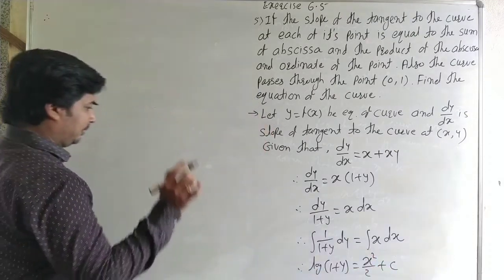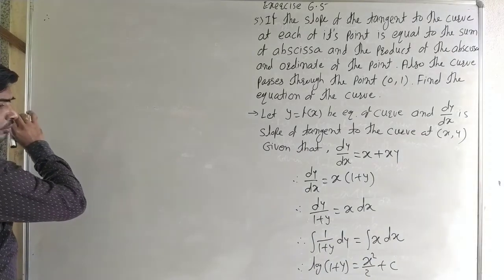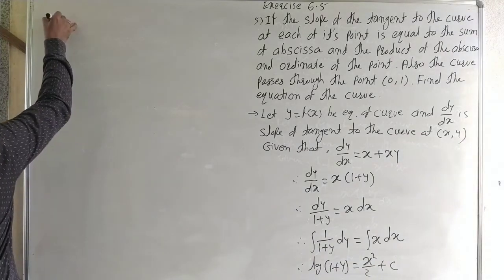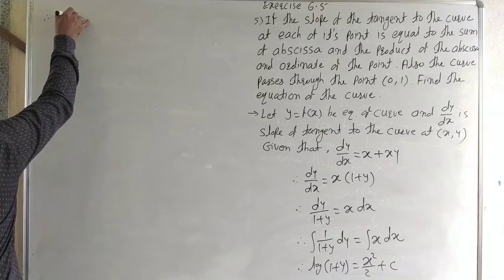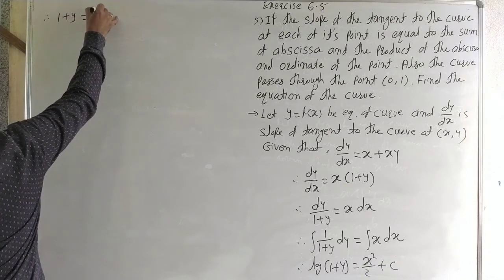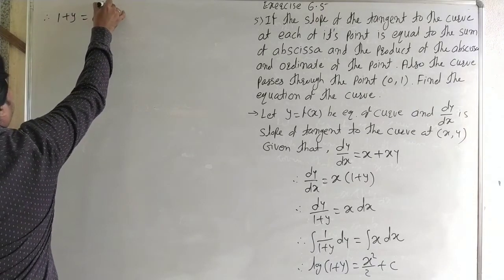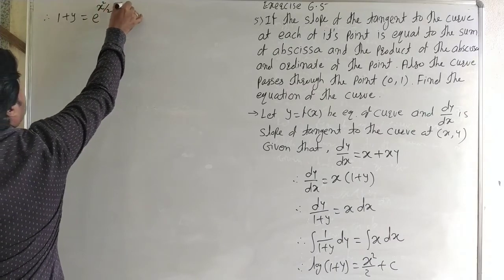Now, for removing the log, we take the exponential on both sides. Therefore 1 plus y is equal to e to the power (x square by 2 plus c). See carefully.